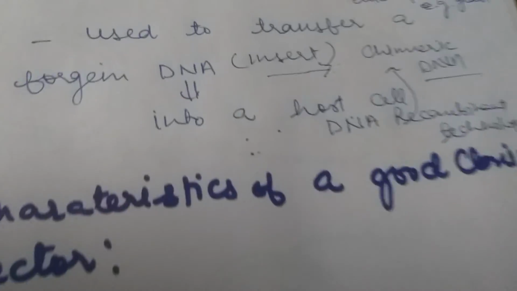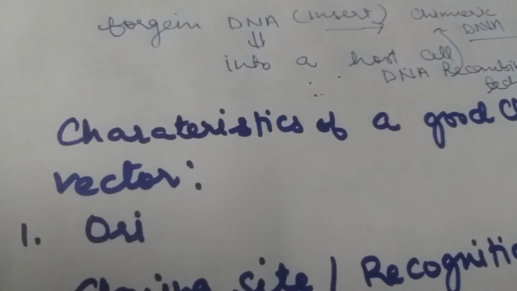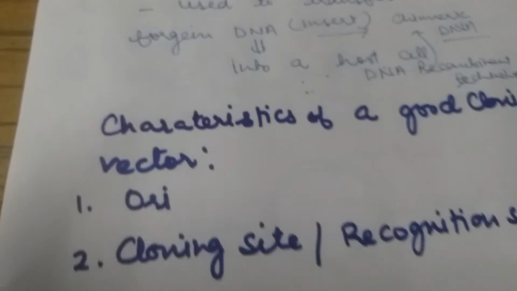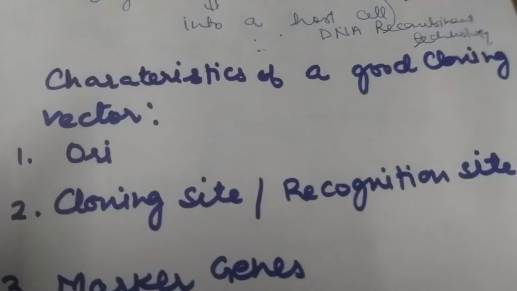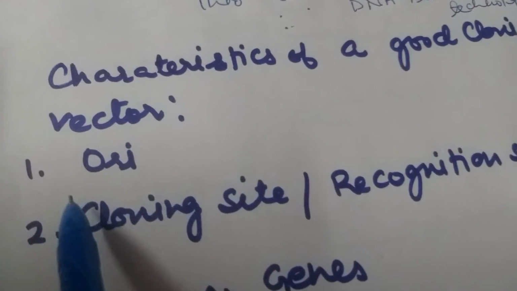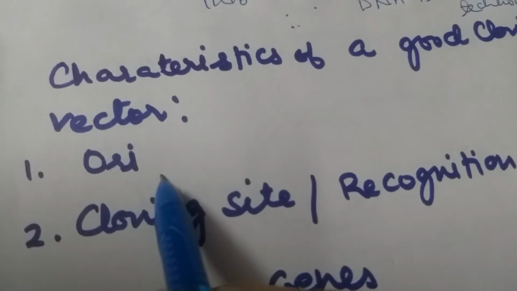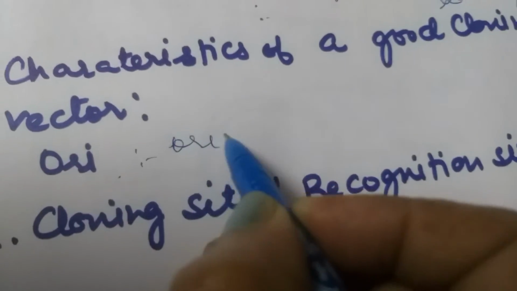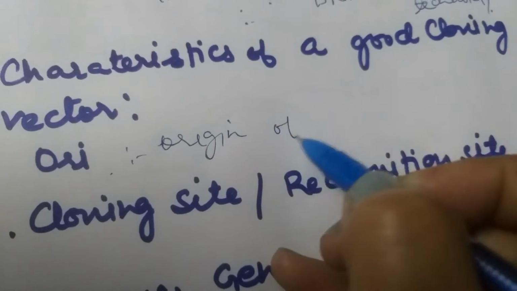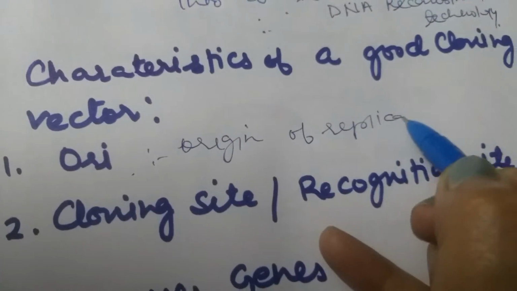Right? So, what are the characteristics of a good cloning vector? There are certain characteristics a cloning vector must have. First is ORI. What is ORI? ORI means origin of replication.